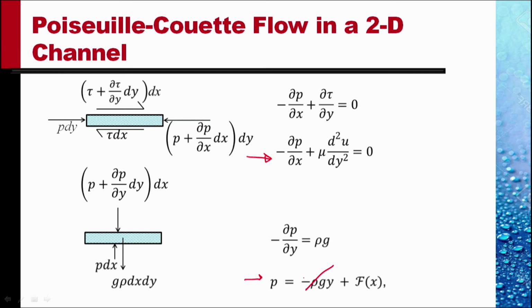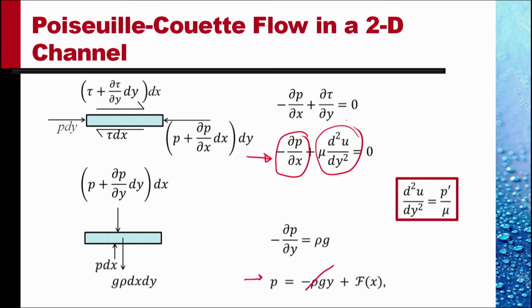Now look at this equation. This is a function of x alone, and this is a function of y alone, because u is a function only of y. So one term is a function of x alone and the other term is a function of y alone. Then each of these terms must not be a function of x or y, but should be a constant.